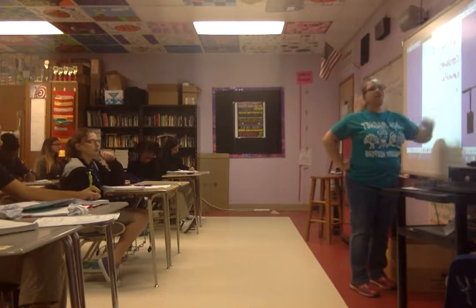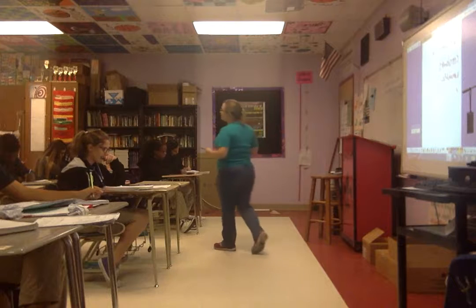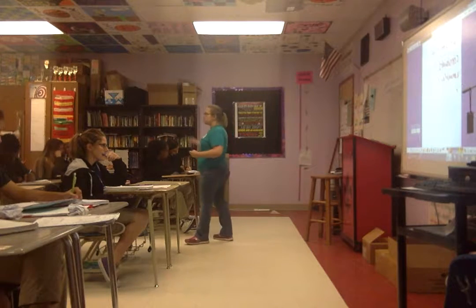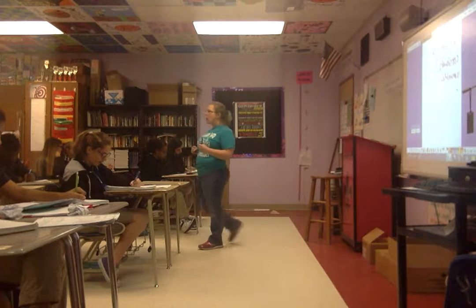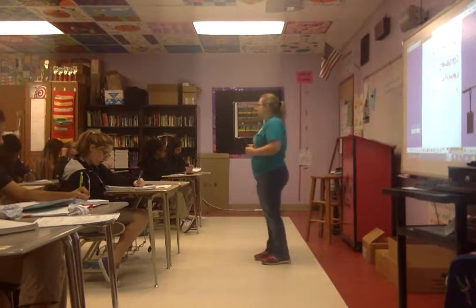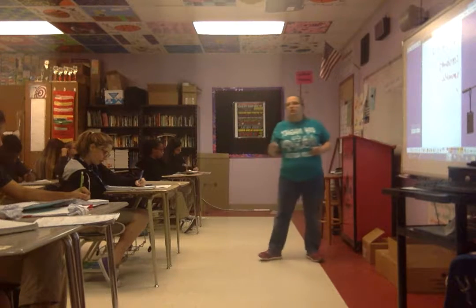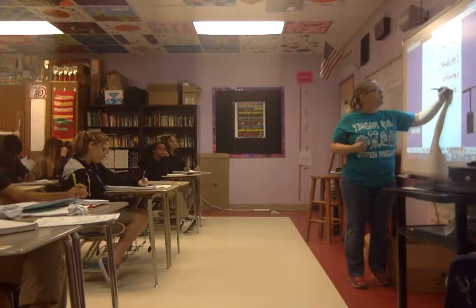And then we have that 3. That 3 that is attached to that variable, that's married to that variable. The number that is hooked, linked, married, whatever you want to call it. That number that is with the variable, what do we call it? Coefficient. Very good.